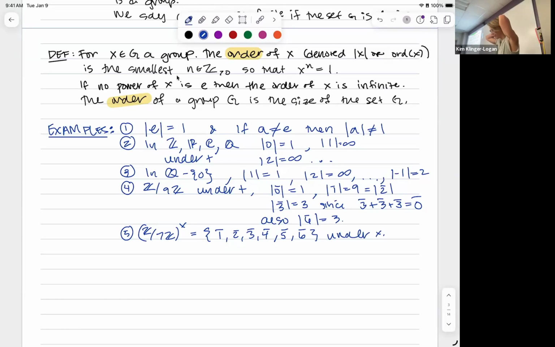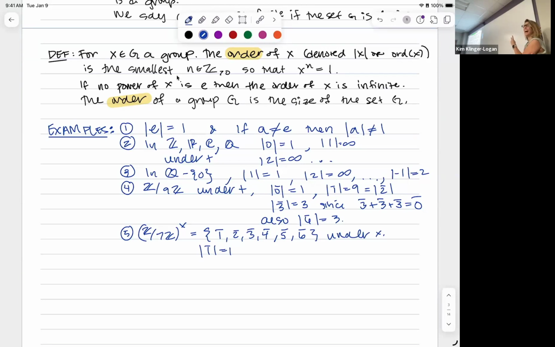Last time. Okay, so under multiplication, let's see. We have the identity is 1, right? So of course the order of 1 is going to be 1. What about the order of 2? Two times 2 is 4 times 2 is, what? 3? Yeah. Okay, wait.